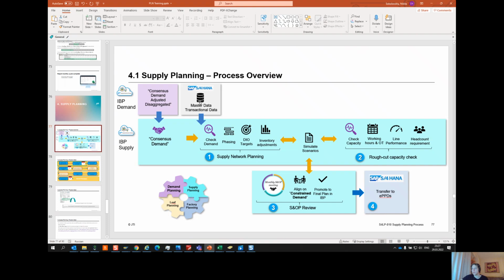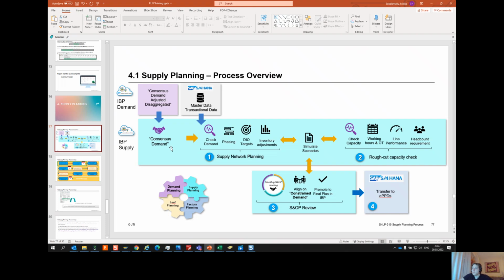So after the demand planning step is finished, every market has a plan for each SKU they produce and sell: how much should be produced, when exactly it should be produced, and so on. So this is the input data for supply.